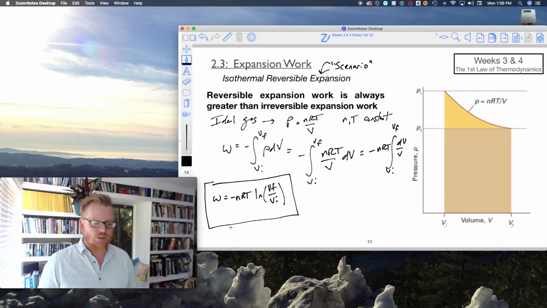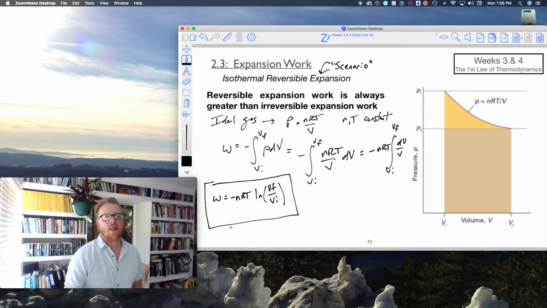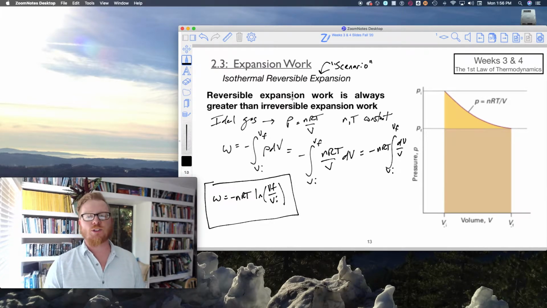Okay, so how is it that reversible expansion work is always greater than irreversible expansion work? Well, let's go back to this picture I drew, that simplified picture, VF over VI, where we realize it can be expansion or compression, it doesn't matter. So this area right here represents our irreversible work.